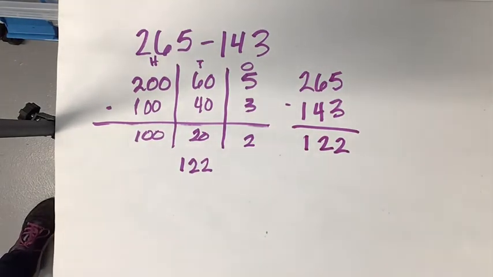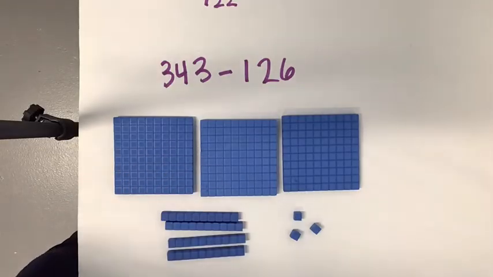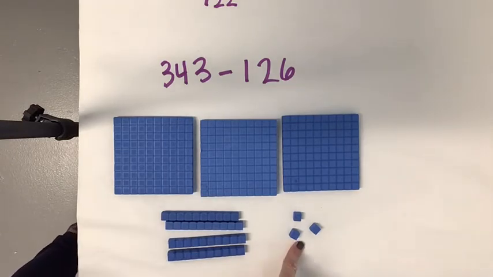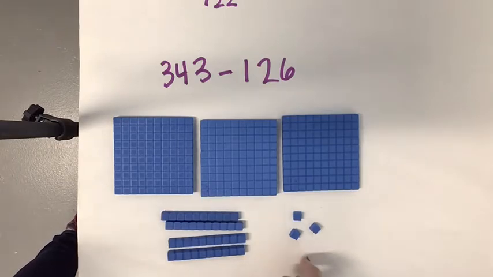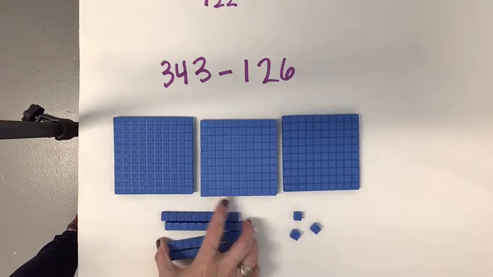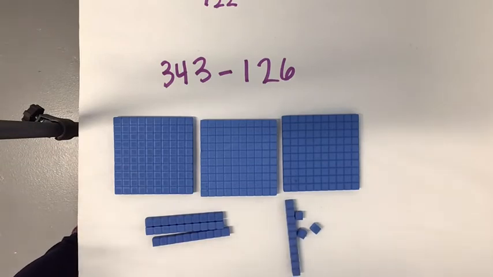Let's see what that would look like. I have 343 and I want to separate 126 from that. So I start by looking, I only have 3 units. I can't take 6 units when I only have 3, but I can shift a 10 to join them.